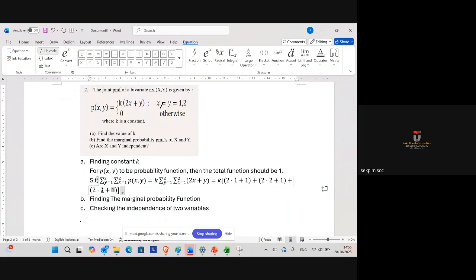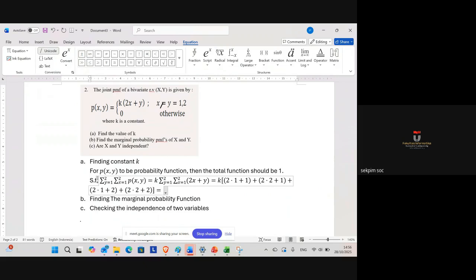This is correct, right? I don't want to be confused, so just copy from this. This one is 2x, x is fine, we just change for y equal to 2. Okay, that's all the possible combinations.